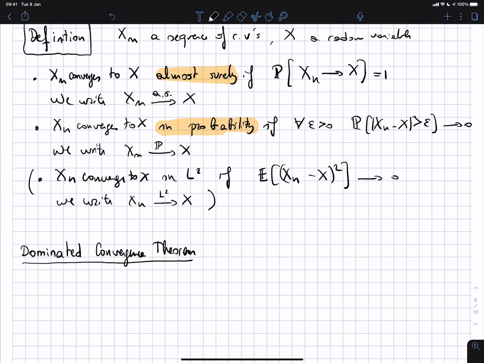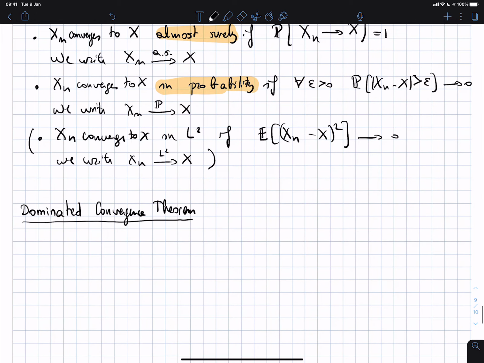Now, with this in hand, we have various notions of limits of random variables, and we still want to know when we can exchange limits and expectations. We have three major results, first of all, the dominated convergence theorem, which says what?